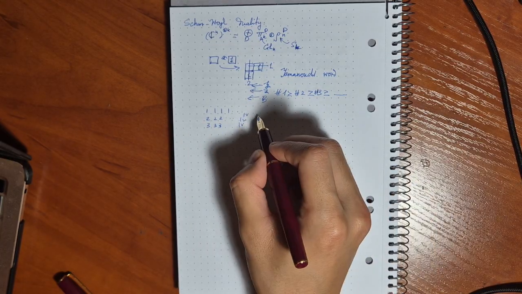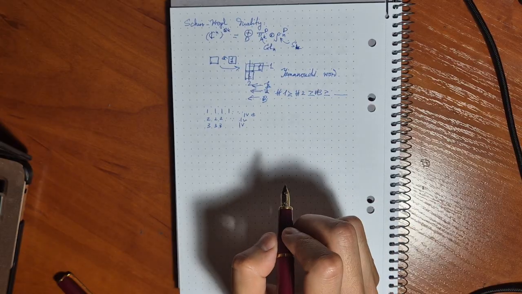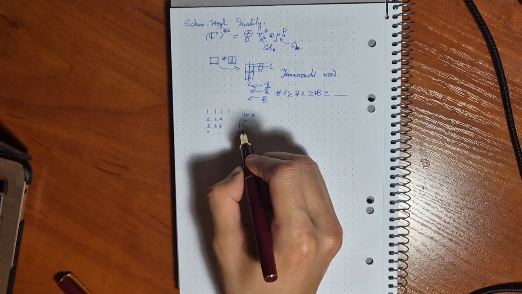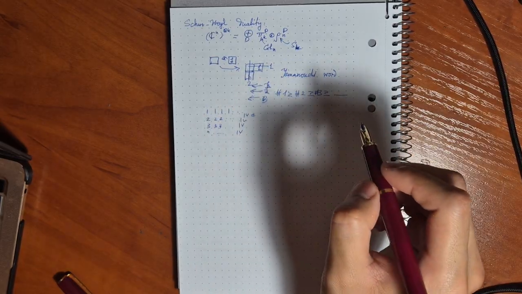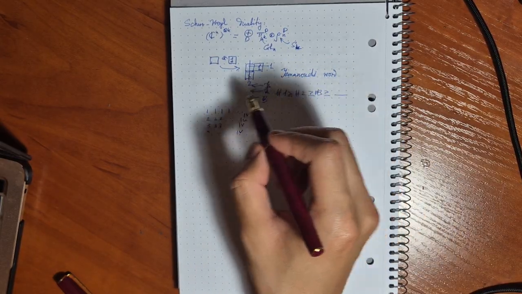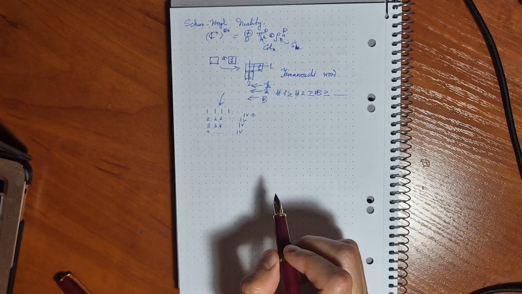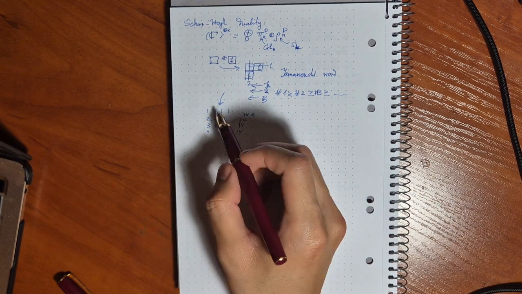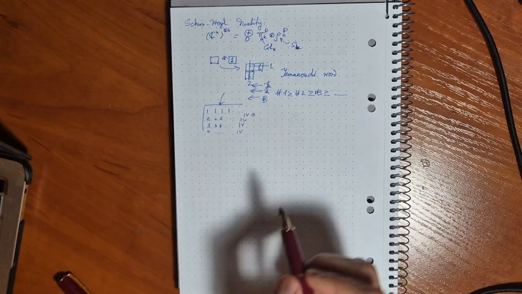By this I mean the number of row elements, and so on. The Yamanouchi word condition gives us a guarantee that we can rectify in this format.